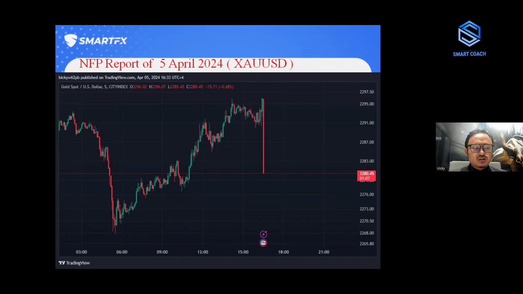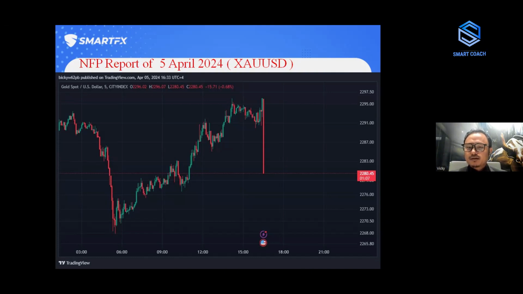On the 5-minute chart it went $17. Imagine how insane this data is. For example, if you are holding one lot, that means you lose $1,700 on one lot.